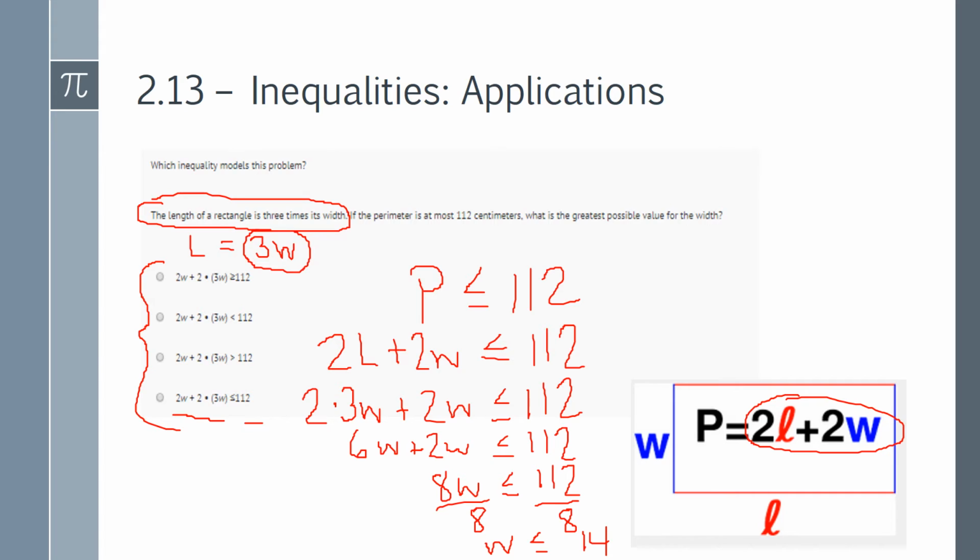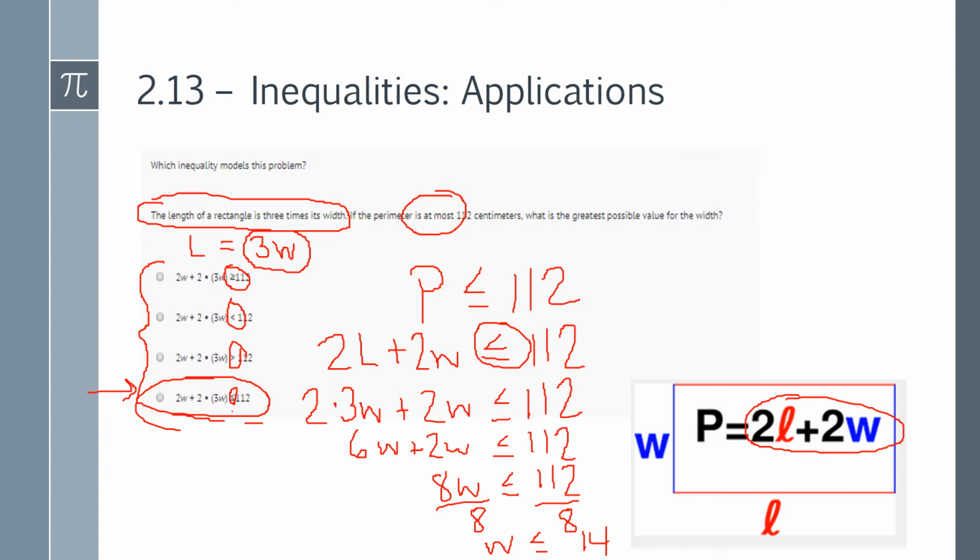The only difference between each is the symbol. So whenever I made my decision of that symbol right there, the less than or equal to, I could have gone right there. This bottom was correct. The rest, they're all the same. It's just a question of what sign I was going to use. So making sure you know is at most means less than or equal to.